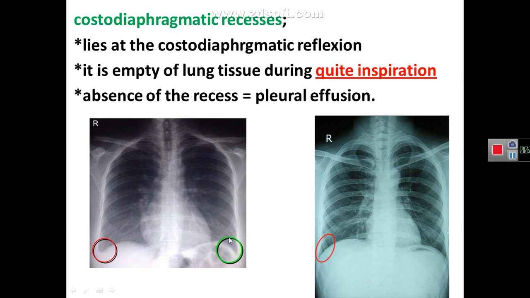If this angle is absent, as in this figure, it indicates that there is a little amount of fluid in the pleural cavity.